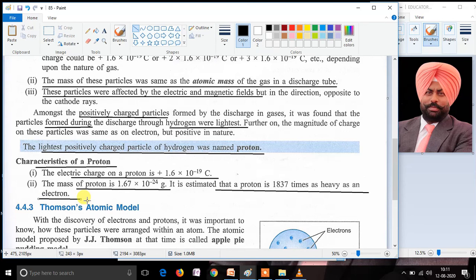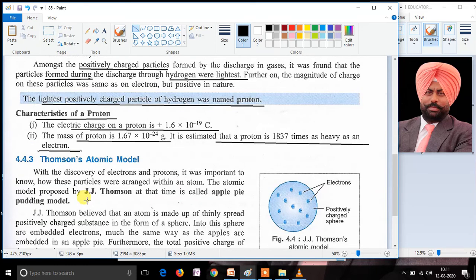So this was the experiment performed by Goldstein for the discovery of positively charged particles, which were later called protons.